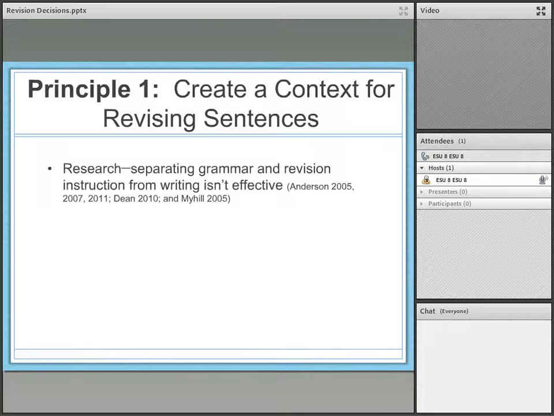Now, let's go right into principle one, create a context for revising sentences. Now, the research says that separating grammar and revision instruction from writing isn't effective. You've got to put those together. Just look at how many times that study has been replicated, and that same research finding has been found to be true. Students need to be writing all the time, constantly generating ideas for drafting, revising, and polishing their writing piece.